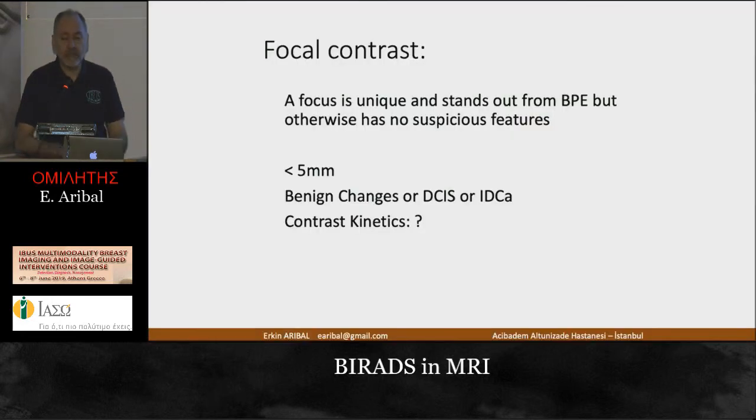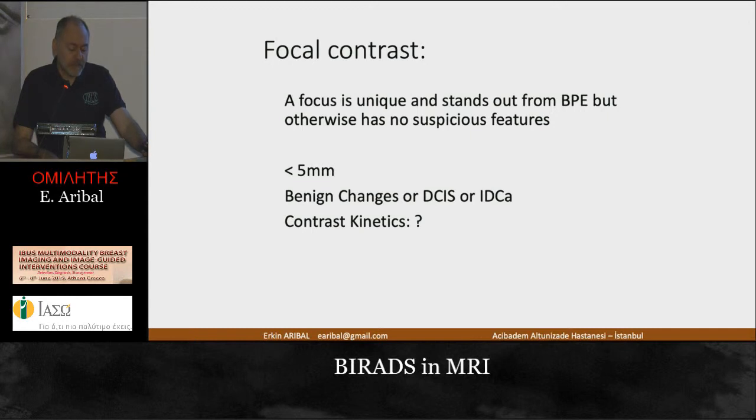So focal contrast is a challenge for every radiologist evaluating breast MRI. A focus is unique and stands out from the background parenchymal enhancement, but otherwise has no suspicious features. It means that it doesn't form a mass, it doesn't form some spiculations or some changes surrounding the focus.